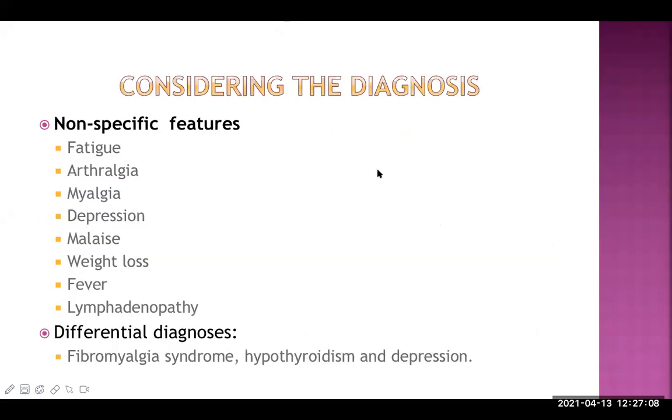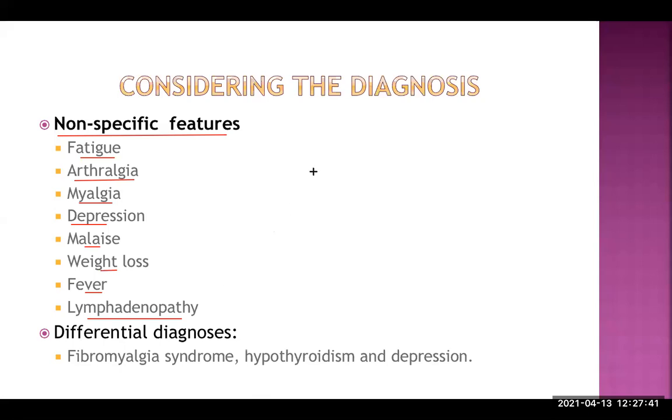Now see there. Considering the diagnosis in a case of connective tissue disorder, these are the very non-specific features like fatigue or easy fatigability, arthralgia, myalgia, depression, malaise, weight loss, fever, and lymphadenopathy, which is common in so many other infections like viral infection, bacterial infection, tubercular infection, even in malignancy.